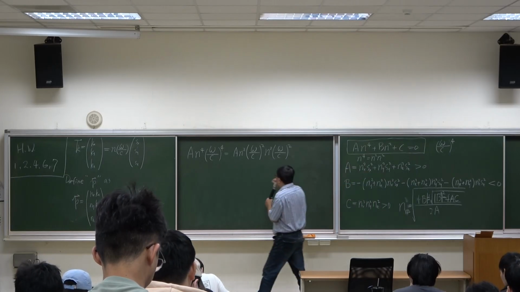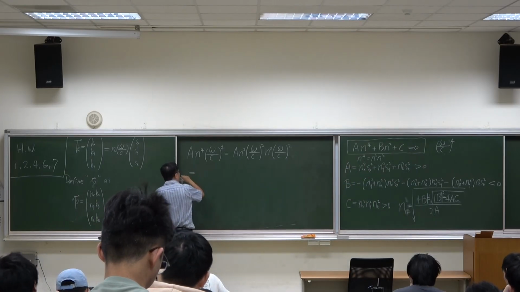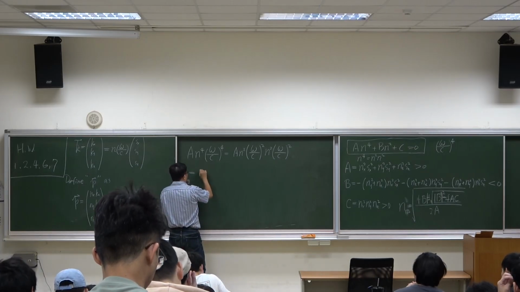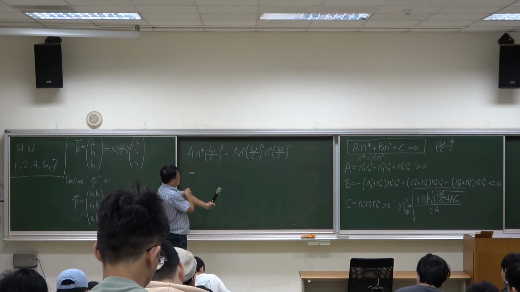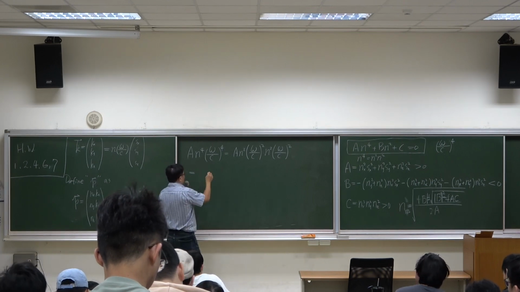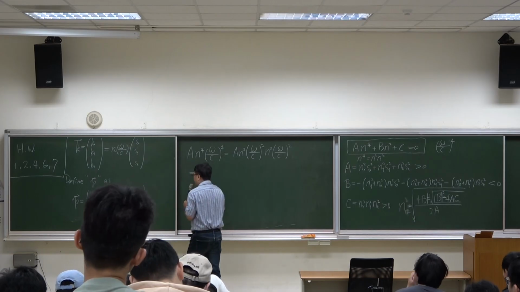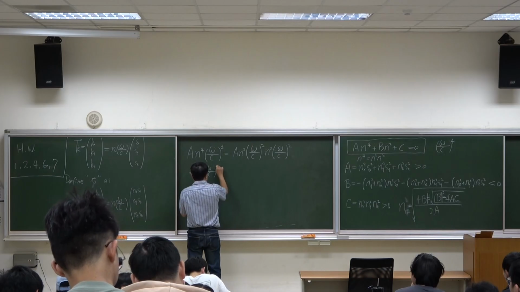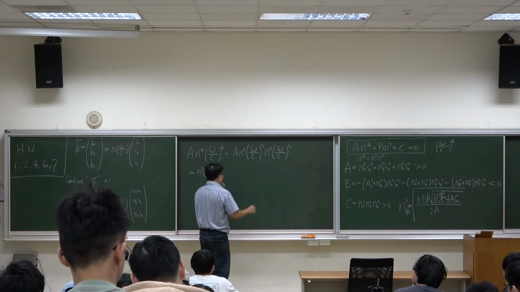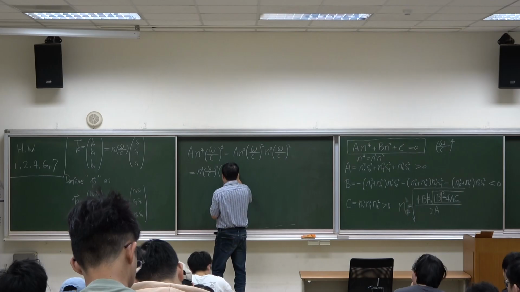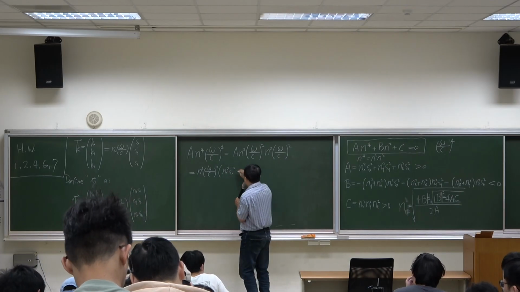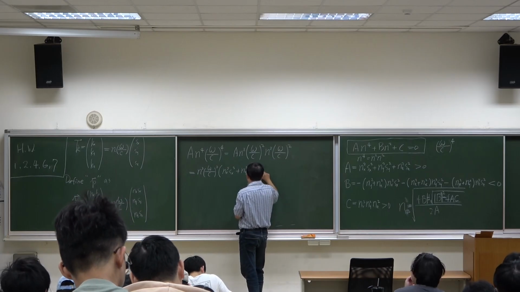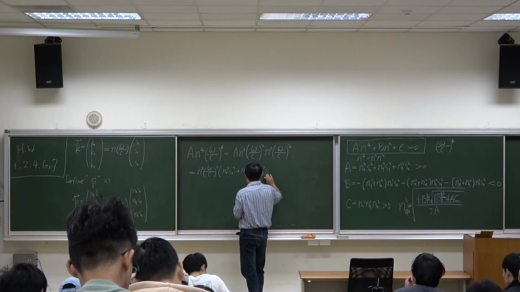And notice that this is equal to n times omega over c squared times nx squared sx squared plus ny squared sy squared plus nz squared sz squared.